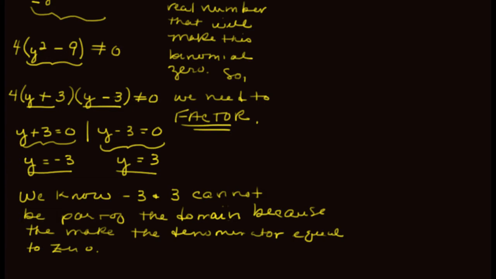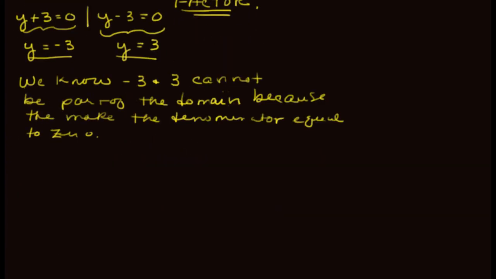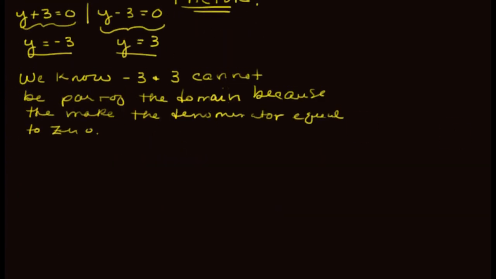Okay, so to find out what the legitimate numbers are, let's go get another color and let's make a number line. And on this number line, let's put 0, +1, +2, and +3, and -1, -2, and -3.